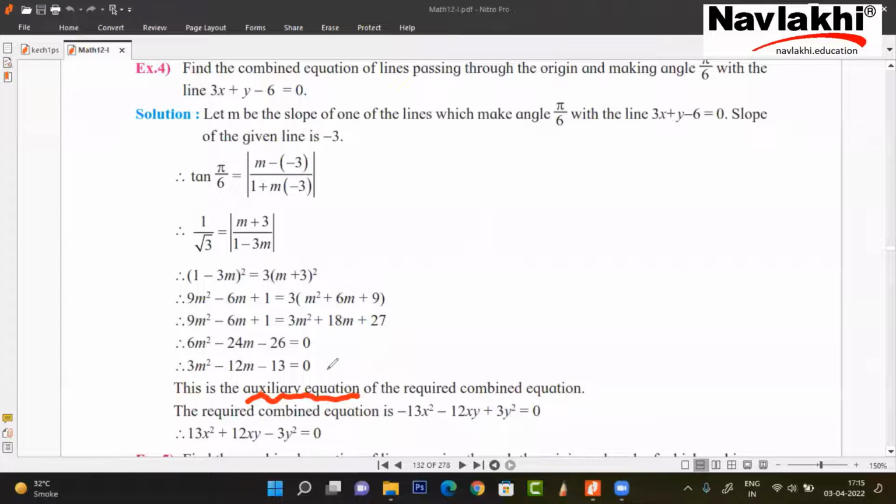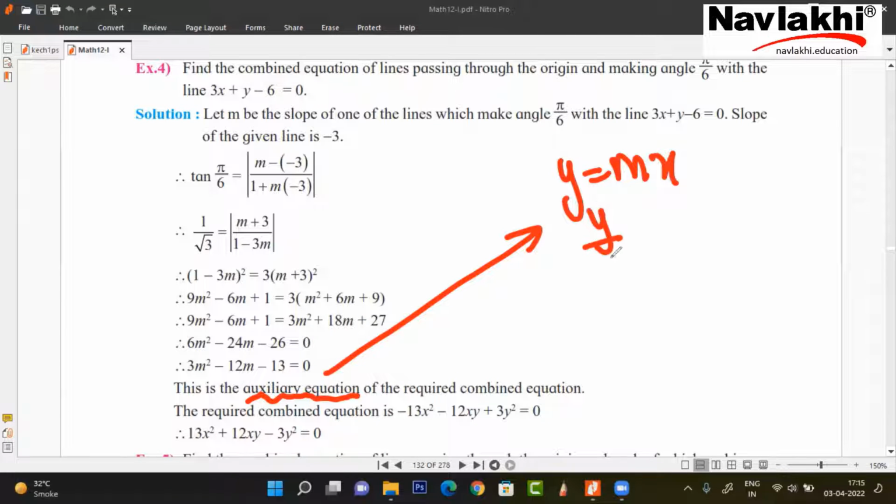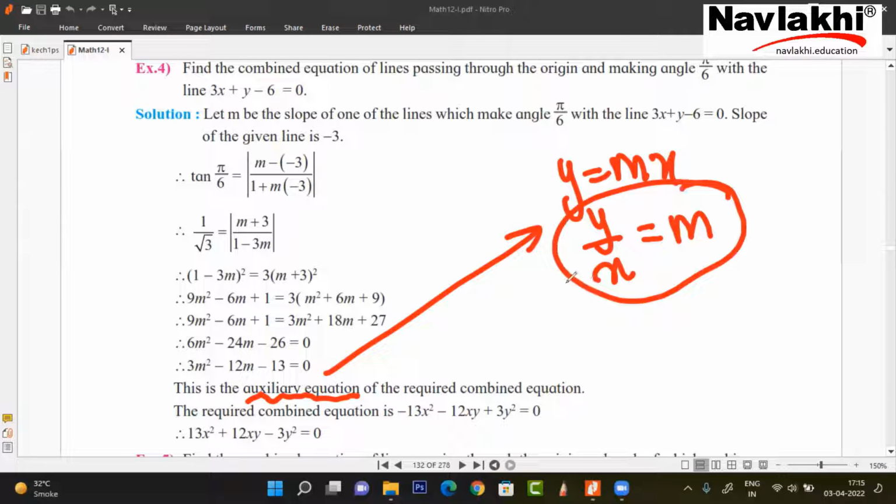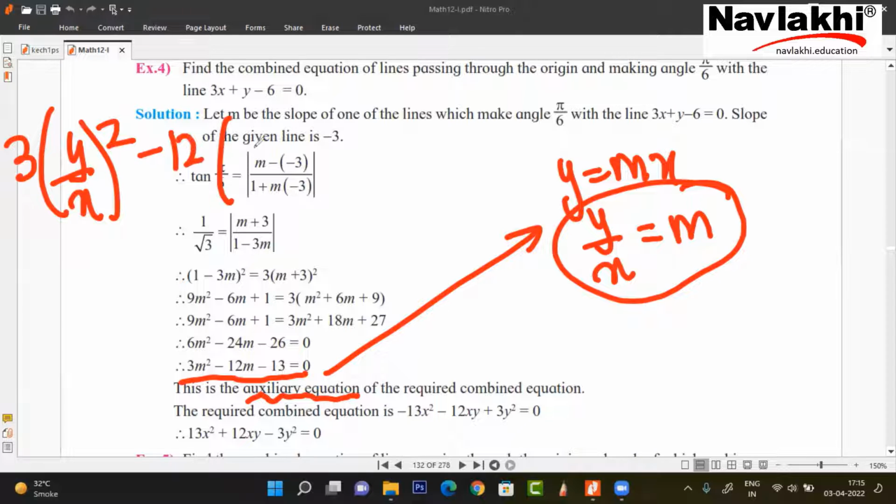For CET, we used to do the opposite: we used to take y is equal to mx, so wherever there was y upon x, we used to put it as m. But now the m equation is there, so wherever there is m, you will replace it with y upon x, because you want the combined equation in y and x.